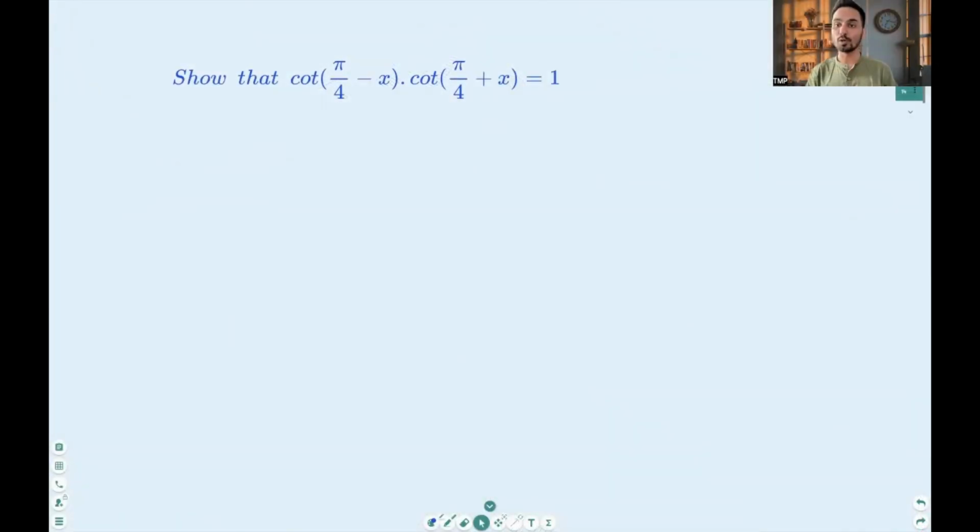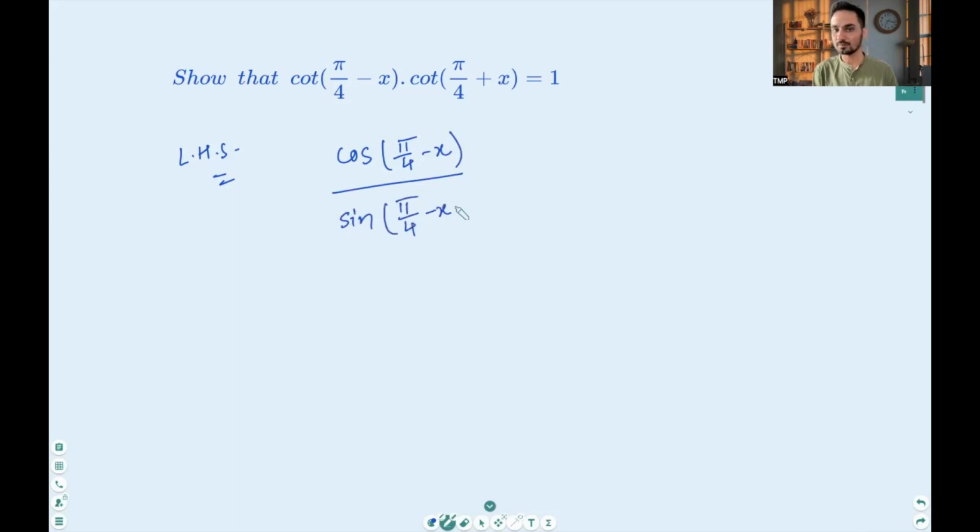In this question, we want to prove that cot(pi over 4 minus x) times cot(pi over 4 plus x) equals 1. Starting with the left-hand side, cot(pi over 4 minus x) is the same as cos(pi over 4 minus x) divided by sine(pi over 4 minus x).